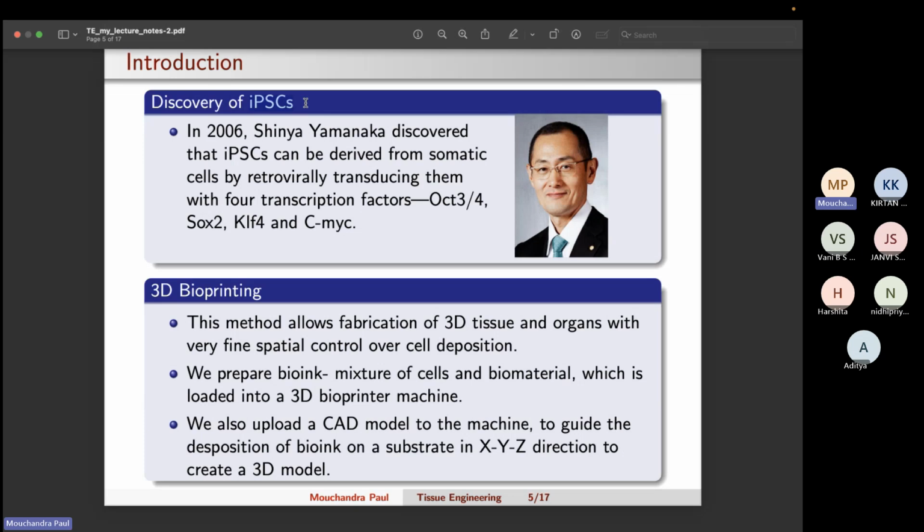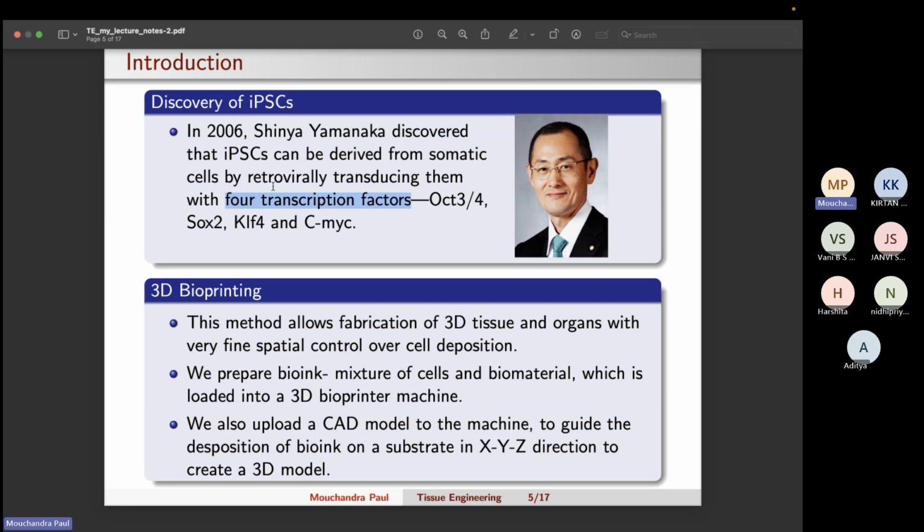Okay, so let me talk about how induced pluripotent stem cells came up. In 2006, Yamanaka, a Nobel laureate who was given the Nobel Prize for the discovery of induced pluripotent stem cells, took adult human cells and used retrovirus to transfer the genes encoding four transcription factors, which were made to express in the adult cells.